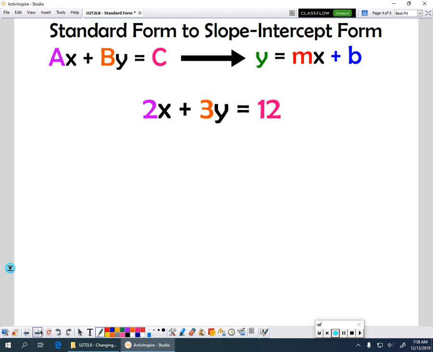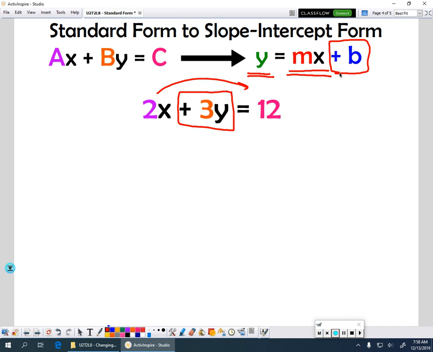We can also go from standard form to slope-intercept. This one's a little bit trickier, but again, look at where you're starting and what you want to end up at. We want our y value all by itself. So if I want this all by itself, it means this 2x has to move. And when I put it on the other side, I want that x value to come in front of my constant.